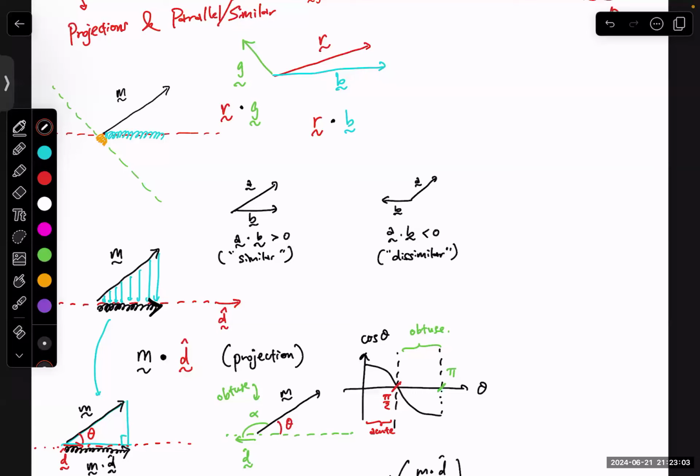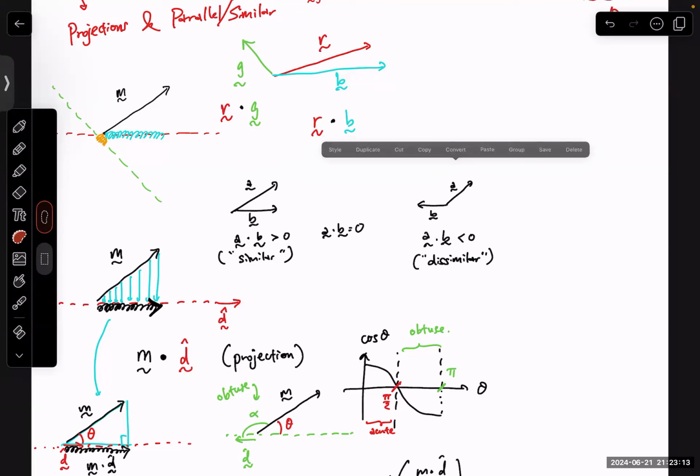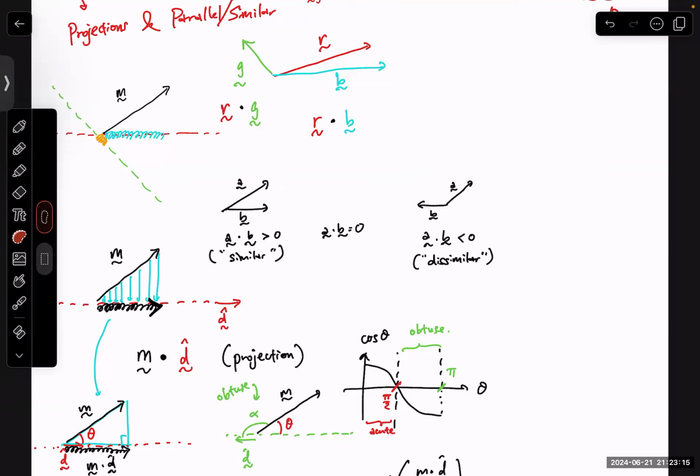Now, what happens if your dot product is equal to 0? That means it's neither here nor there. Your vectors aren't really pointing in similar directions, neither are they pointing in dissimilar or opposite directions. They're just at right angles to each other.